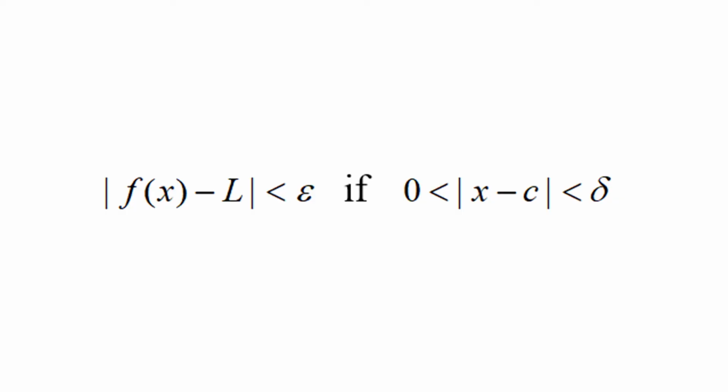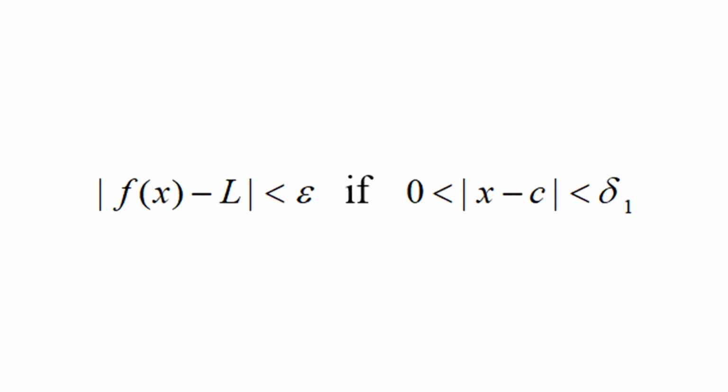That is, if it is true that |f(x) − L| < ε if 0 < |x − c| < δ, and if 0 < δ1 < δ, then it will also be true that |f(x) − L| < ε if 0 < |x − c| < δ1.